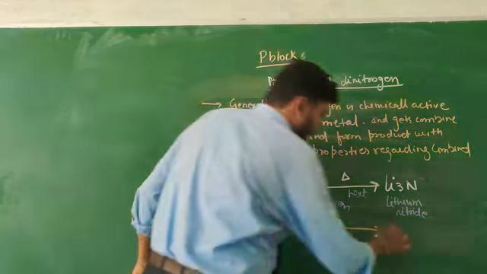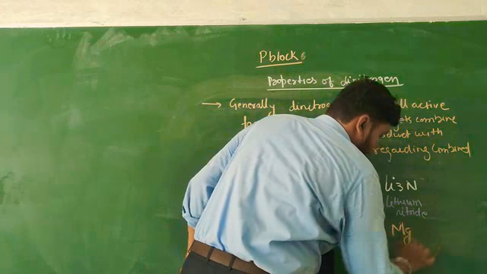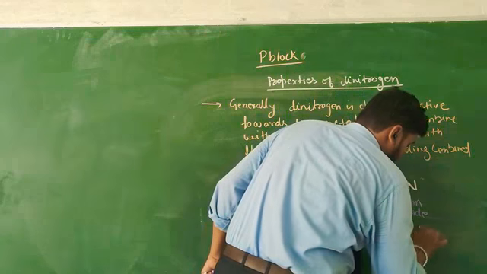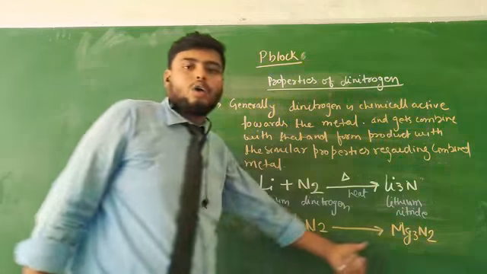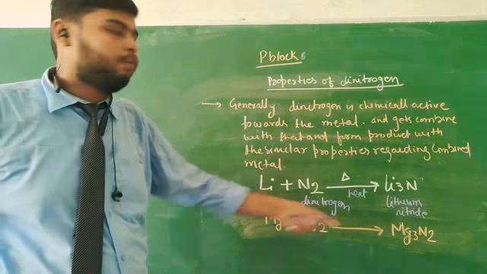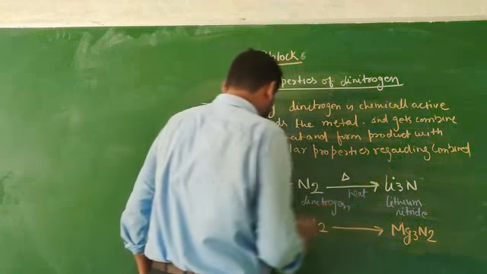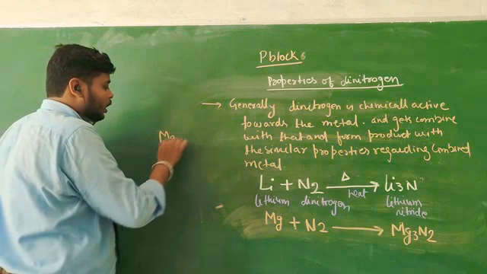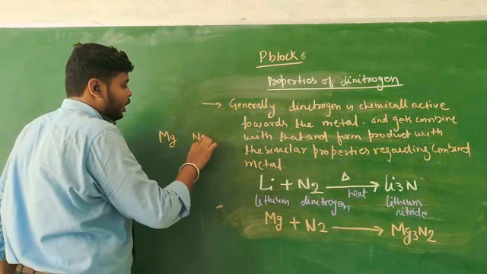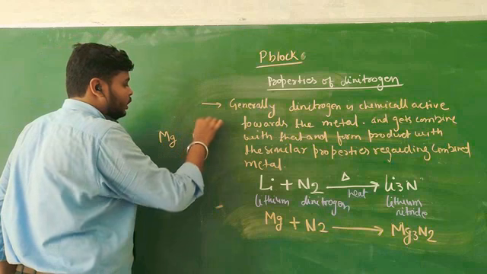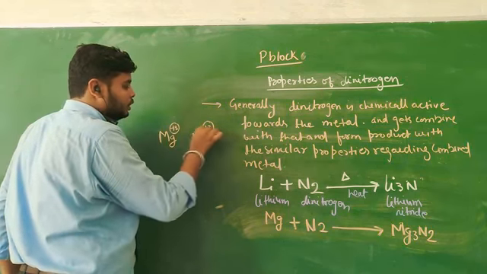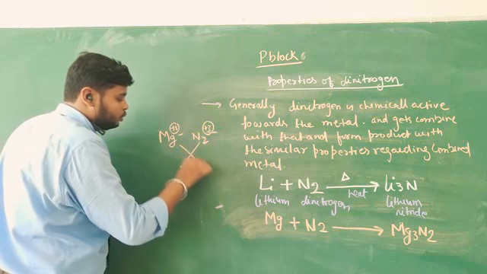The product is Mg3N2. How does the product form? This is the term of nitrogen. See the formation here: Mg and N2. The 3 containing and 2 containing get combined in the terms of a cross reaction.